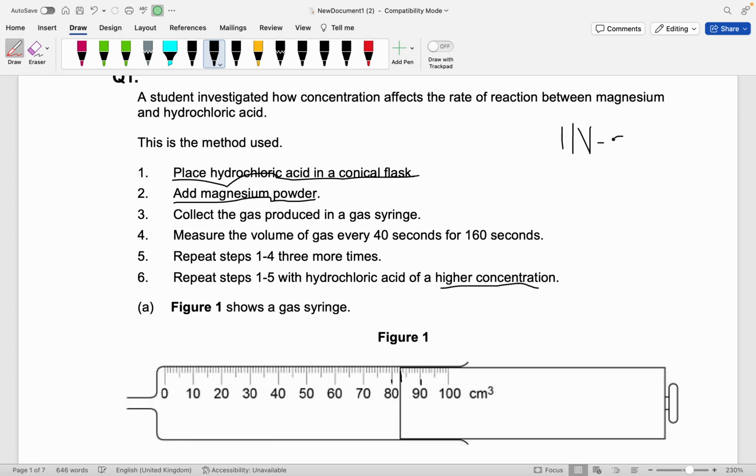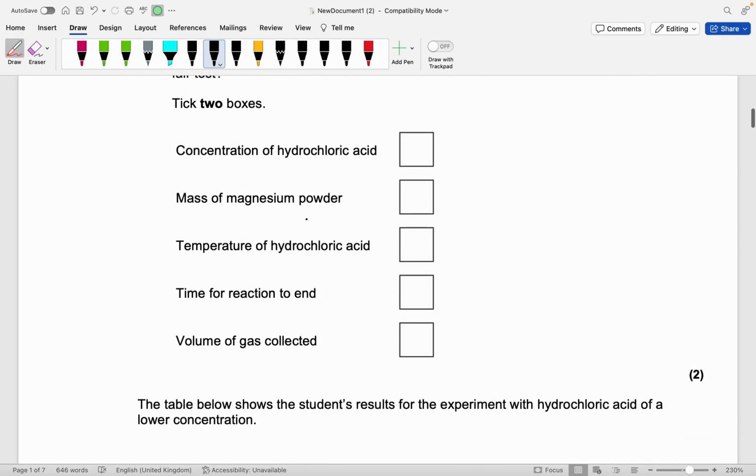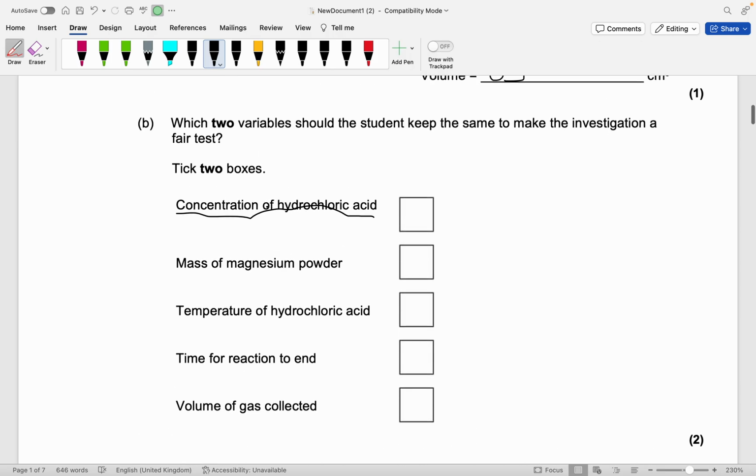That's the thing we're going to be changing, the concentration of the acid. So I'm going to just put IV, independent variable, is the concentration of the acid. We know straight away that this one cannot be our control variable because that's our independent variable. Okay.